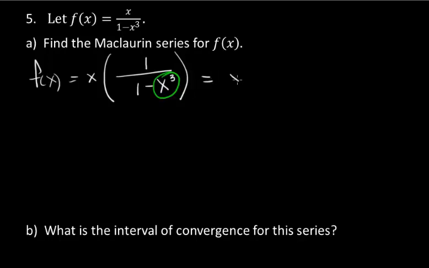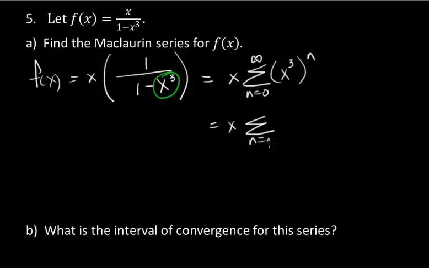And I'll have to multiply by x, and then I'll have the sum from n equals 0 to infinity of x cubed to the n. So this is x times the sum from n equals 0 to infinity of x to the 3n, multiplying your exponents.